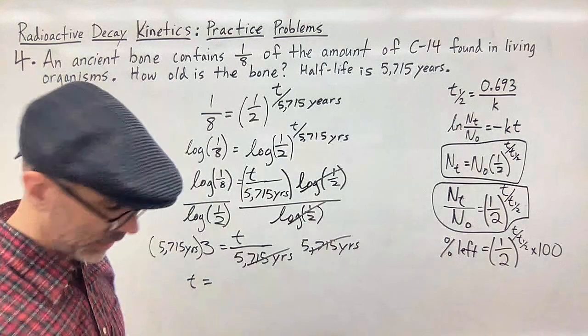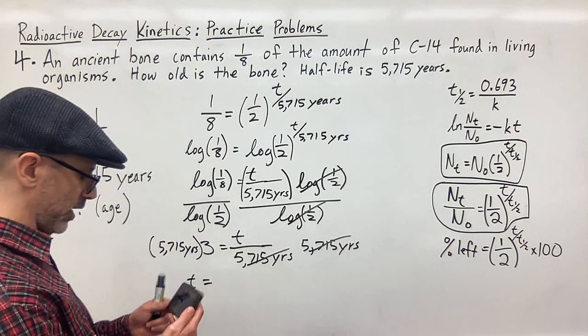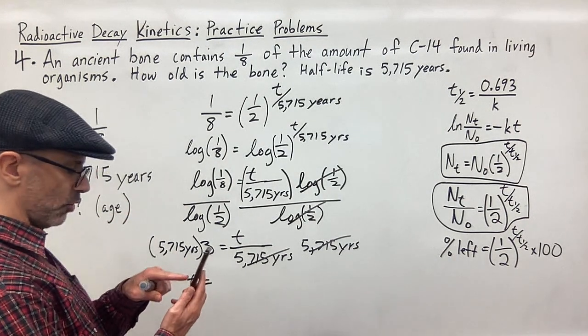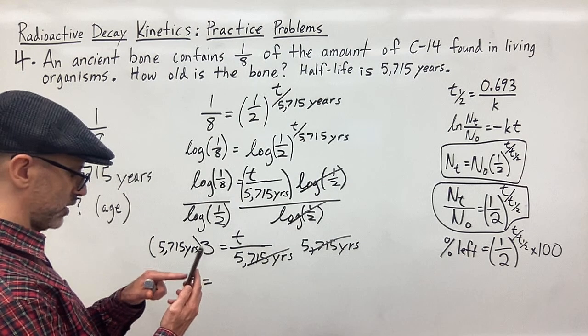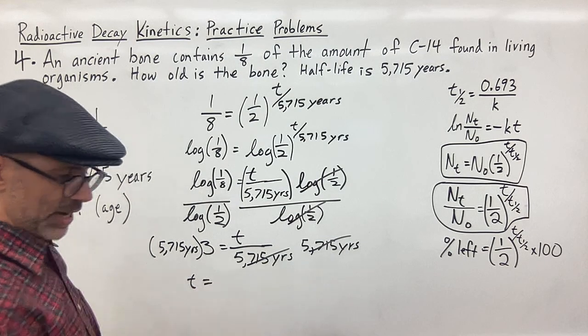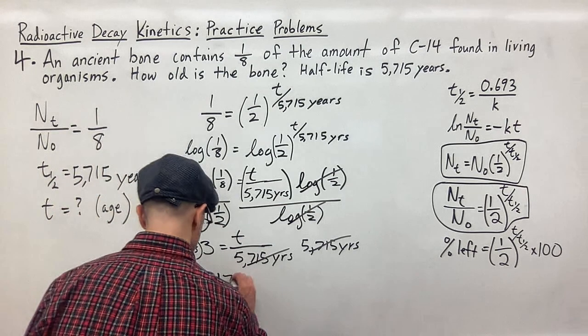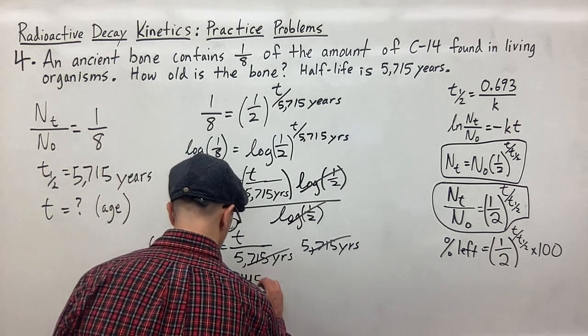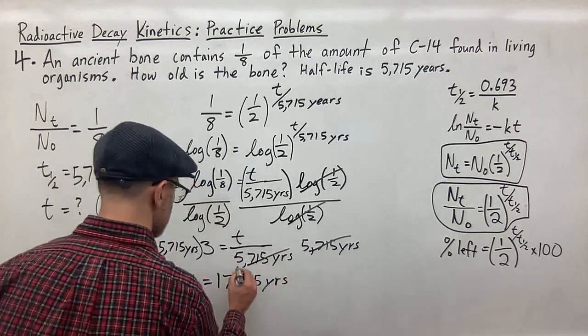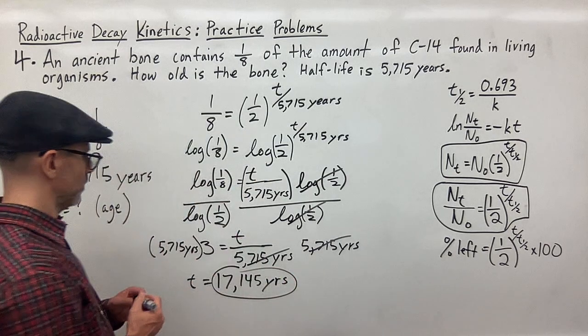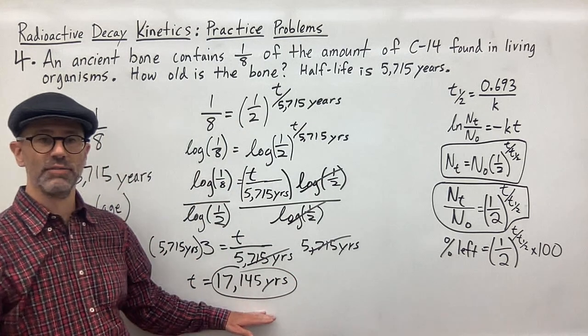So if I calculate that out really quick, 3 times 5,715 equals, and I get 17,145 years. So that is the age of this bone.